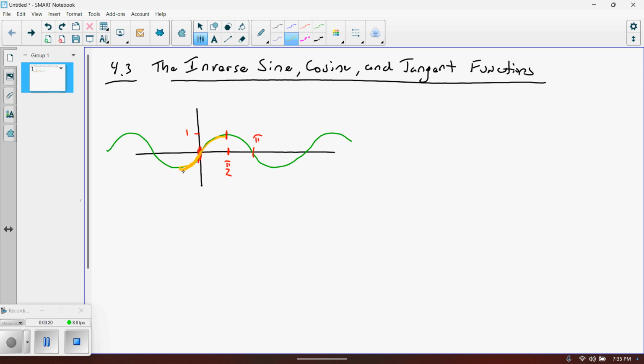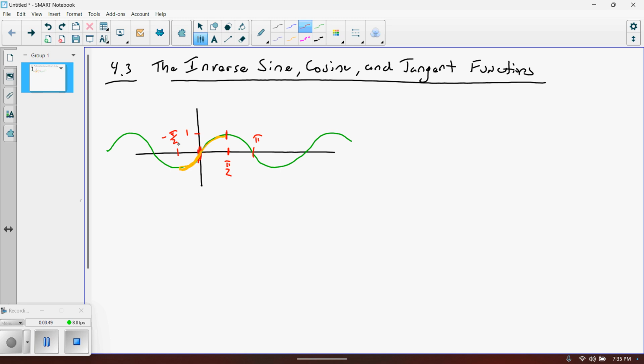And now what you should be able to see there in the orange, because this will now be -pi/2, is that it covers all of the positive and negative values that sine can produce, but it's also going to pass both the vertical and the horizontal line test, restricting the domain to values that only lie between -pi halves and pi halves.